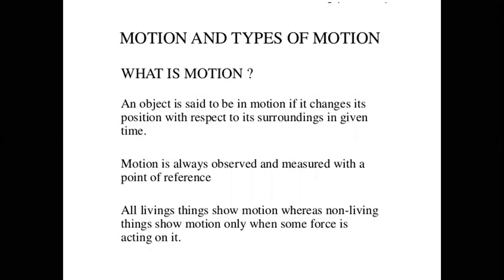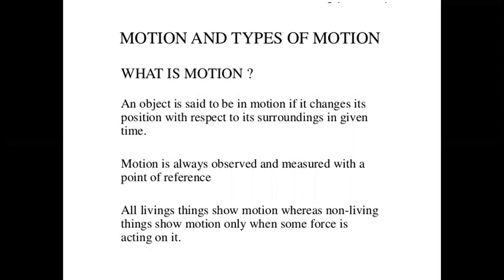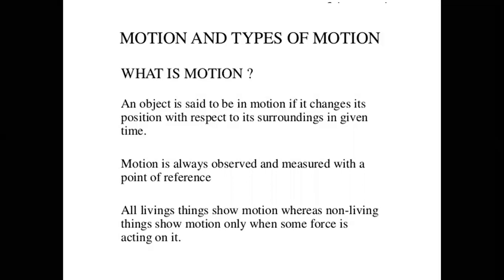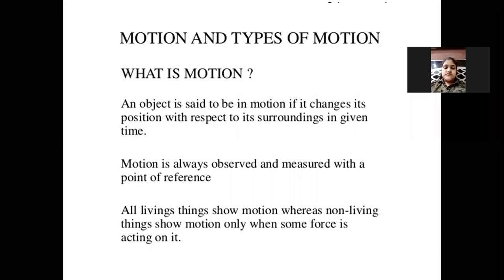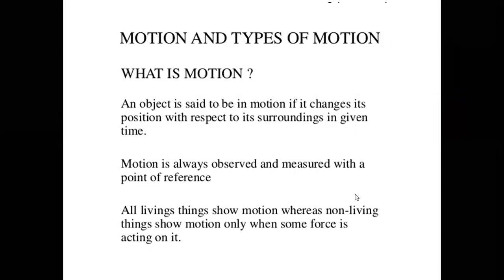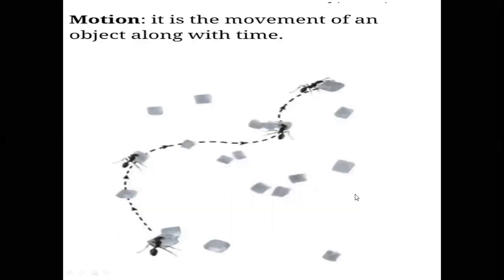It shows a particular point in Bathinda city from which it was measured, and that is the bus stand. In that case, the bus stand is the reference point which we are considering. That means the milestones are always telling the distances from the bus stand, right? Motion is the movement of an object along with time.